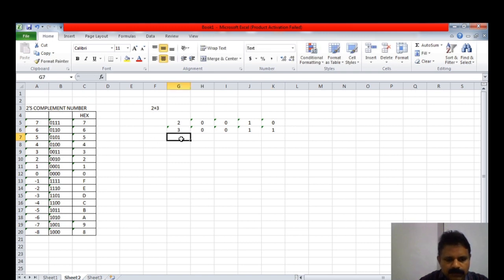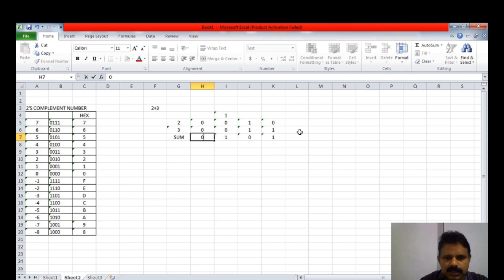Their sum will be 1 plus 0 is 1, with carry, so 1 plus 0 plus 0 is 1, that is 0 1 0 1.